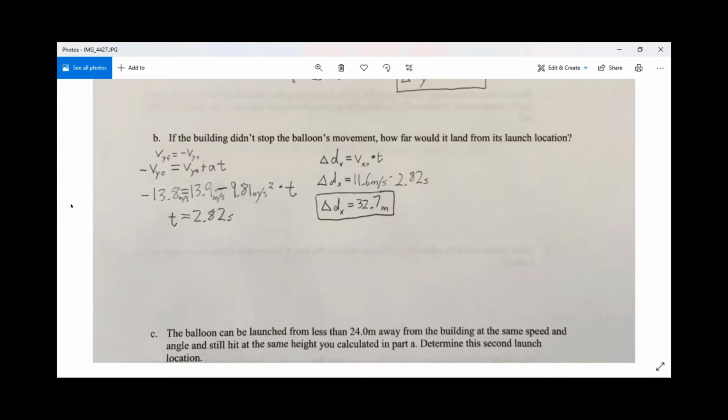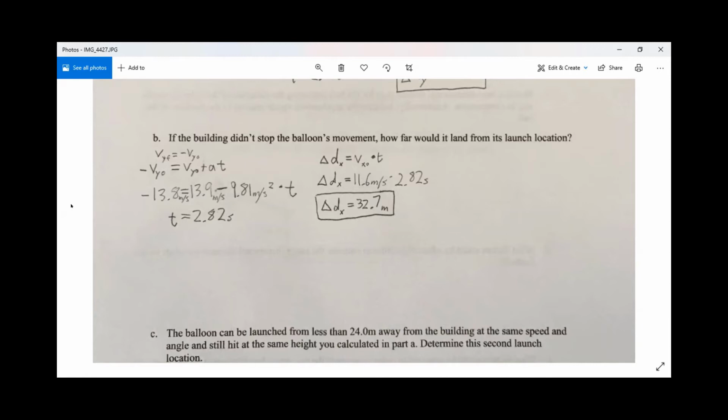And then it equals 13.8 minus negative 9.8 meters per second squared, which is the acceleration due to gravity, times time. Once you simplify that, it comes out to 2.82 seconds.